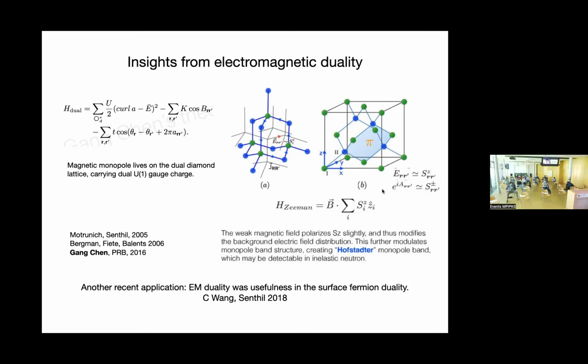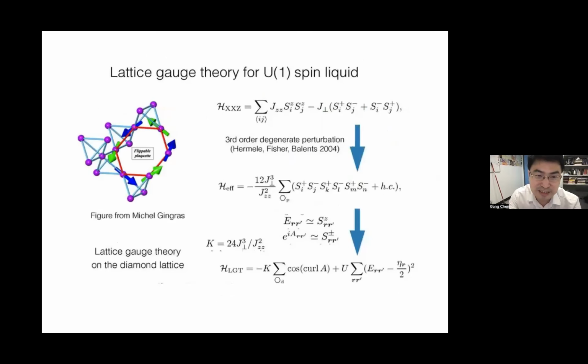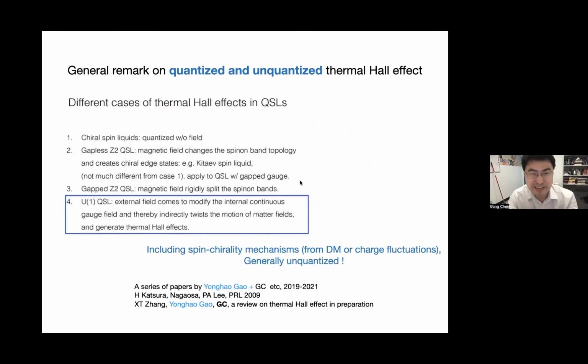That's being emphasized, I think, in this general remark. Yeah, for instance, in this spin chirality mechanism, because this is scalar spin chirality, the spin liquid is nothing but a U1 gauge flux, right? So this U1 gauge flux can be due to strong charge fluctuation or due to a combination of DM interaction and Zeeman coupling, right?